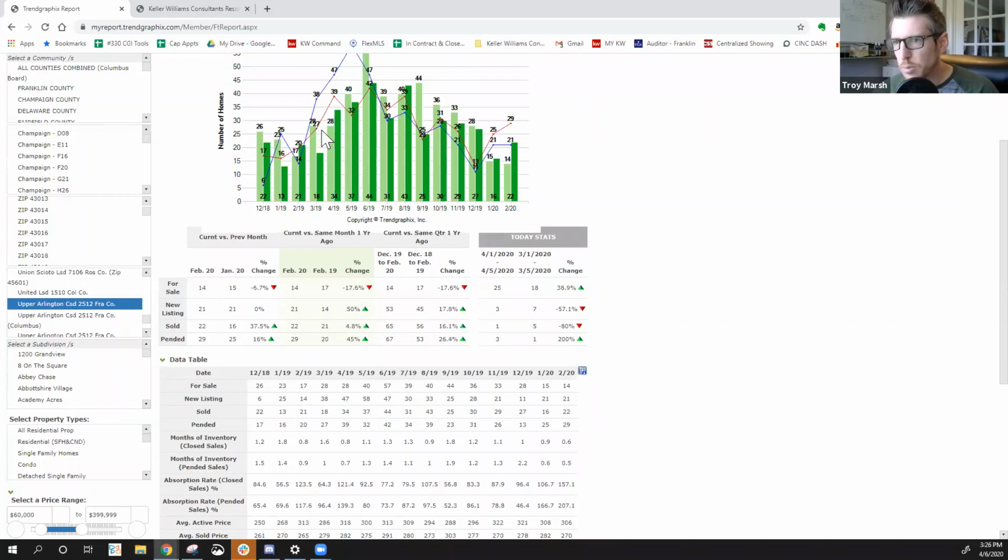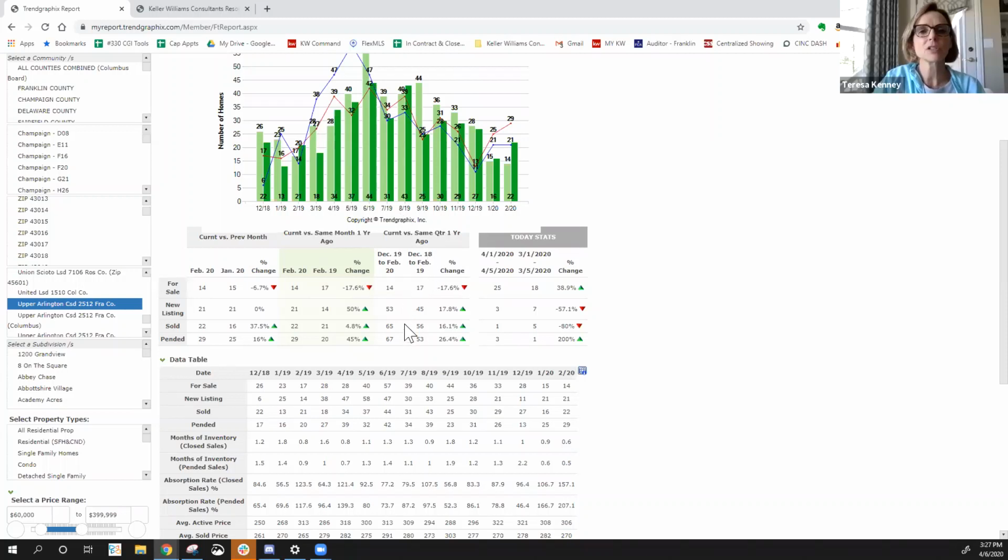What happened in February isn't really relevant to what's happening in April, or even what happened at the beginning of March, because of cycles. But what I do like to look at is current versus same month a year ago. And current versus same quarter a year ago can also be valuable.